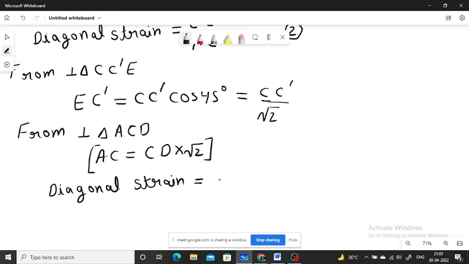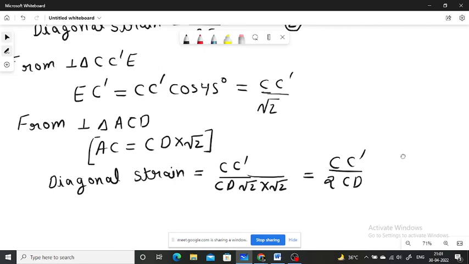will be equal to CC dash upon CD under root 2 into under root 2, or say CC dash upon 2 into CD.